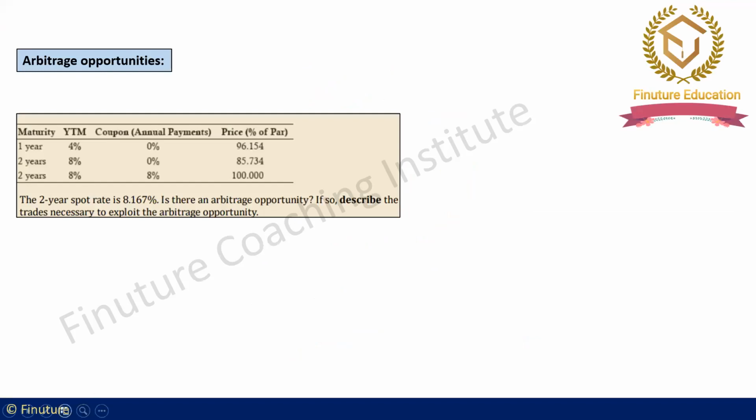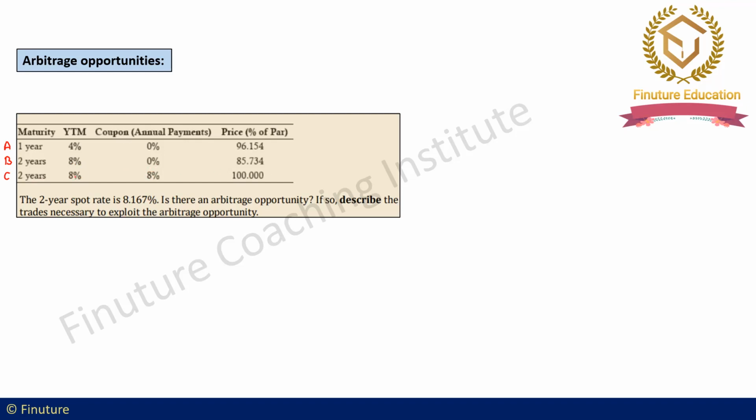So we have been given three bonds, and just for our understanding, let's name these bonds A, B, C. Bond A is a zero coupon bond which has a YTM of 4%, and bond B is also a zero coupon bond which has a YTM of 8%, and bond C is a coupon bearing bond which has an annual coupon of 8% and par.